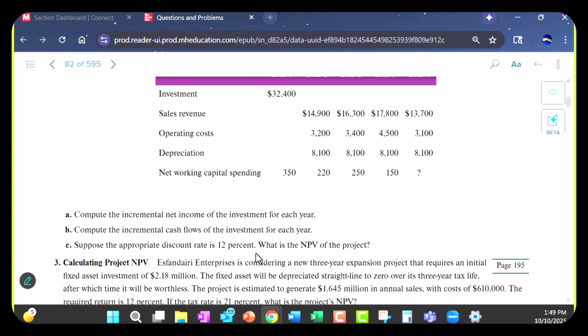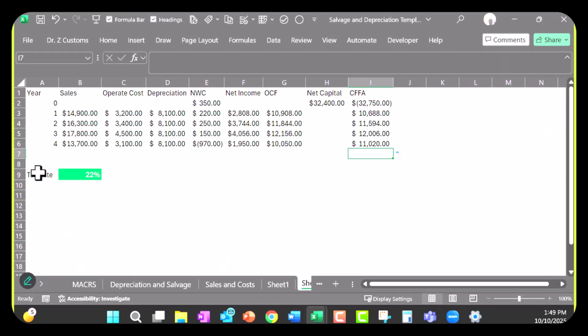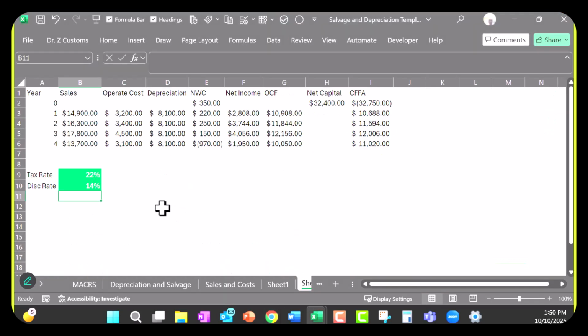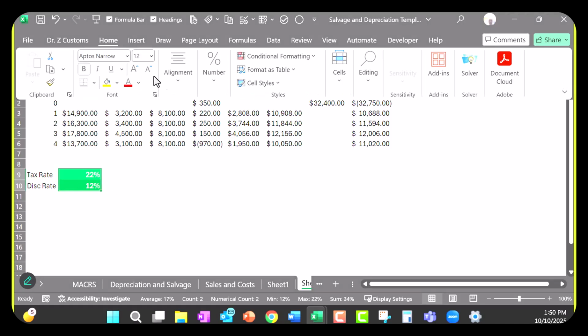Same idea, if the discount rate is 12%, what is the NPV? I'm just going to go ahead and calculate them here. Usually, I actually add more digits to these.